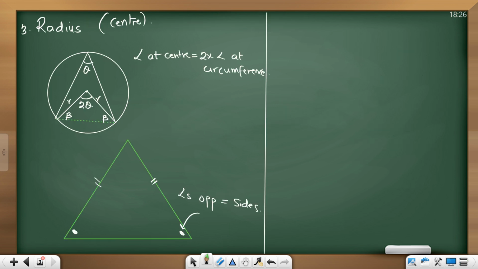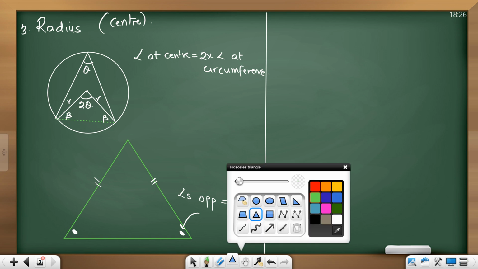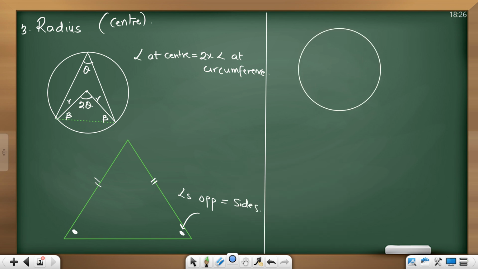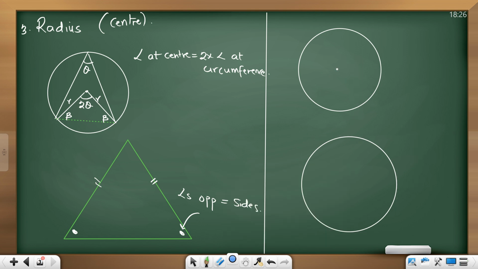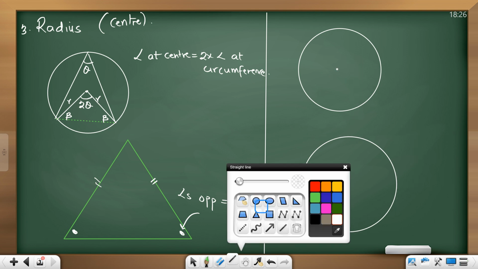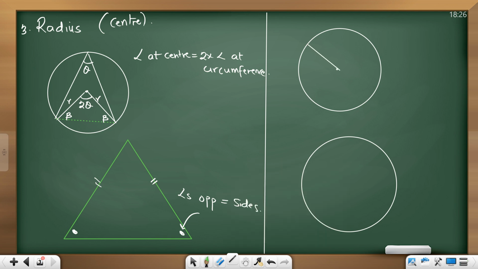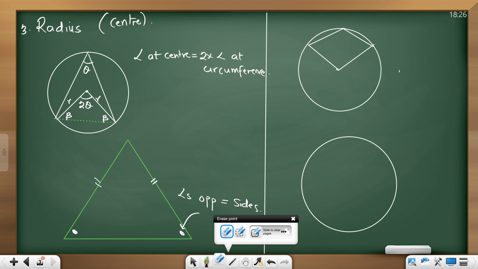But I want to draw 2 diagrams for you, which are very key. 2 important diagrams. First is this one. This one is the most confusing one, and I want you to be able to get it.